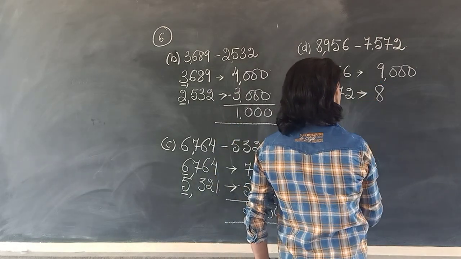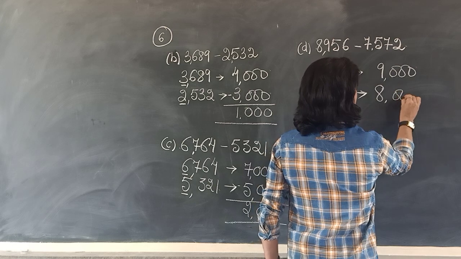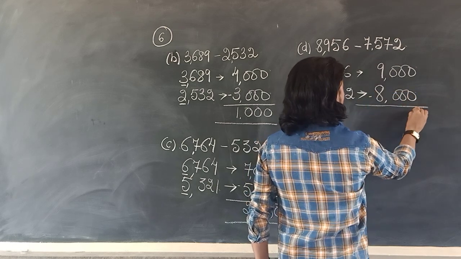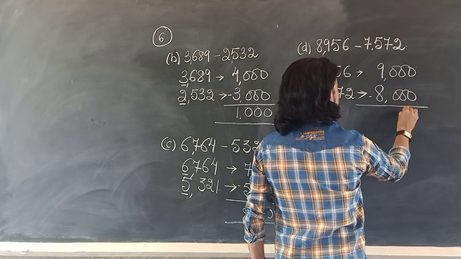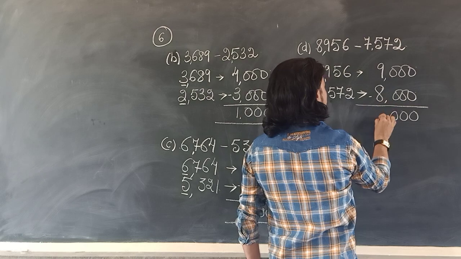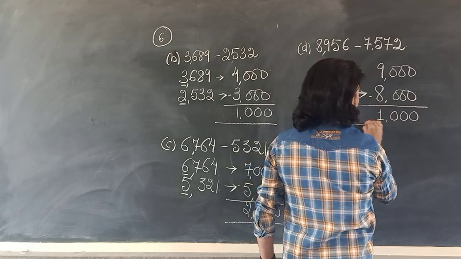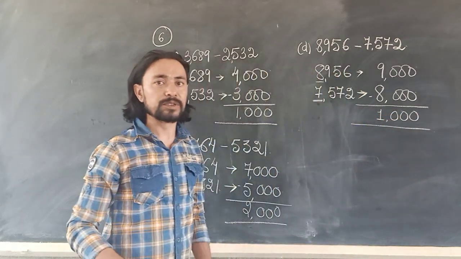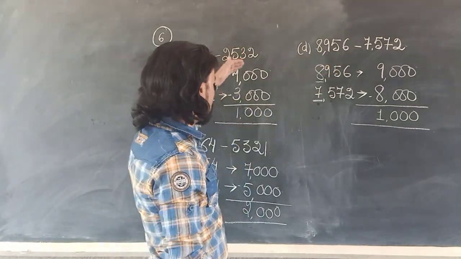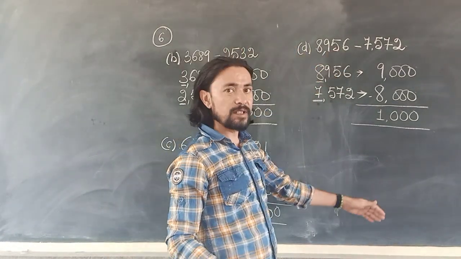It will become 8 and the remaining place values will become 0. And I subtract. 0 take away 0 is 0, 0 take away 0 is 0, 0 take away 0 is 0 and 9 take away 8 is 1. My answer 1000.